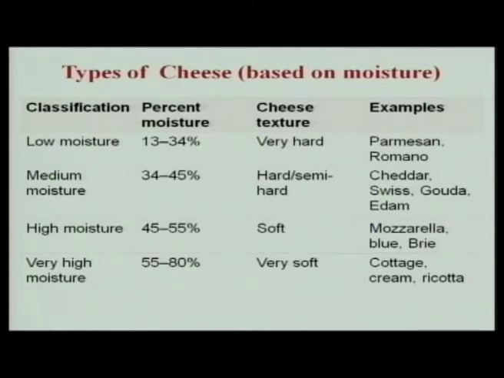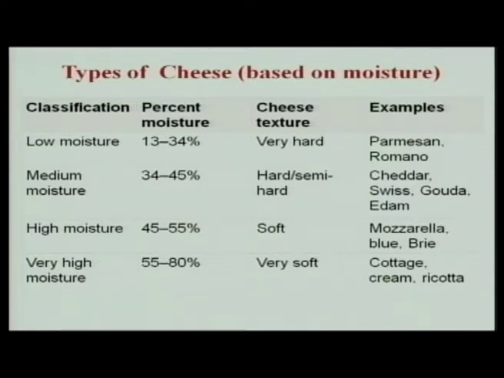Medium moisture, that is around 34 to 45%, we call hard or semi-hard varieties, and the majority of cheeses, that is cheddar cheese, Gouda cheese, the Dutch variety, and Swiss varieties, Edam or blue, are all under the semi-hard varieties.